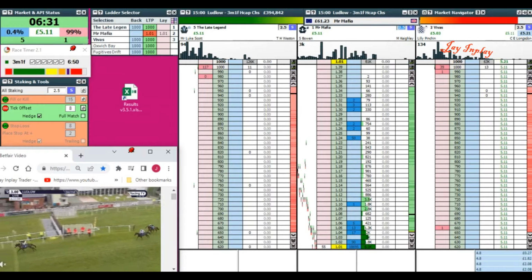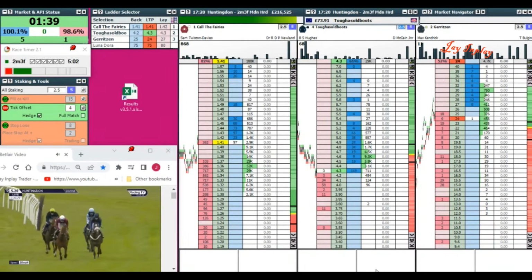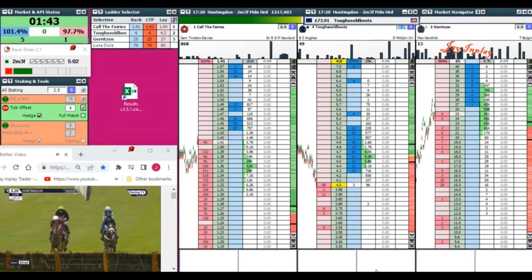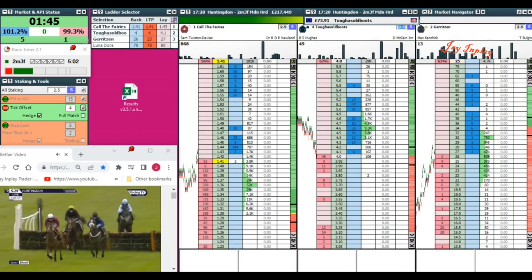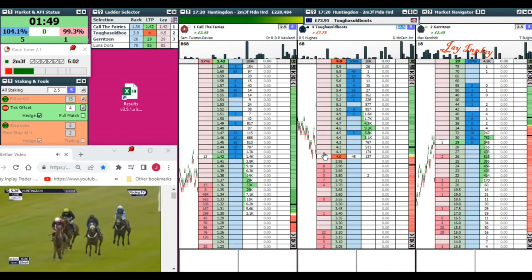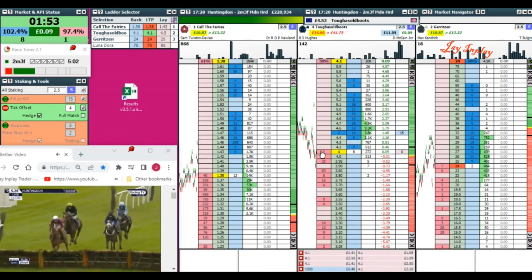Definitely don't. Race time. Newland tonight. Will it be the night? Call the Fairies leads towards the fourth with Tough as Old Boots under the champion jockey in second. Gerritsen and Lunadora. A little bit awkward over the obstacle as they now come on towards the next, number 5.